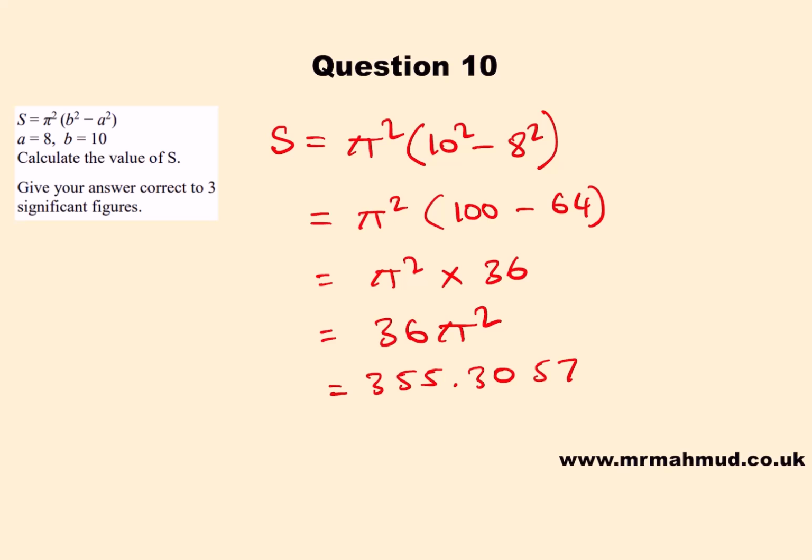Now because we have to round it to 3 significant figures, let's go and round it. 1, 2, 3. Look at the number after the third significant figure. It's a 3, so we leave it as 355, and that's the answer.